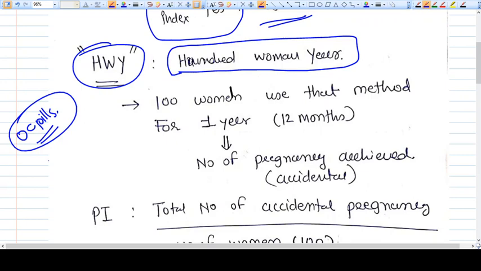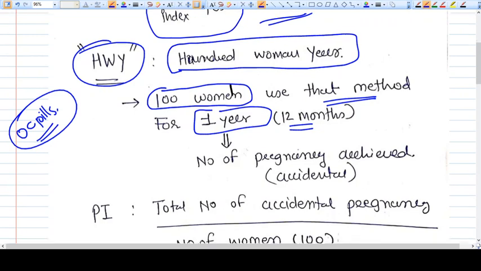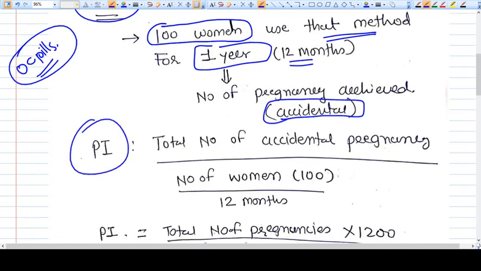We will give these OC pills to 100 women or couples, and allow them to use this method for 1 year, that is 12 months, and then we will count accidental pregnancy. We will count the accidental pregnancies that happen in such 100 couples in a year. So this will give us the Pearl index.